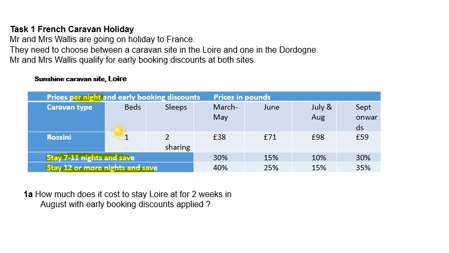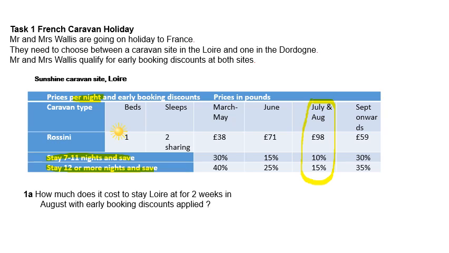Alright, and then the question. Now we've looked at the table, we look at the question and it states, how much does it cost to stay in Loire for 2 weeks in August with early discounts applied? So they're staying for 2 weeks in August, so that means it's this here what we're looking at.